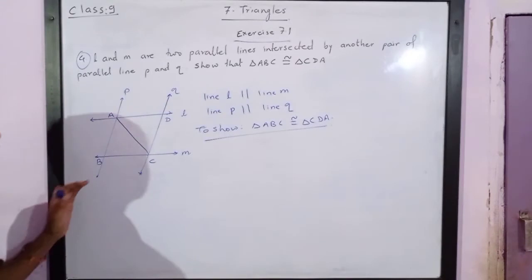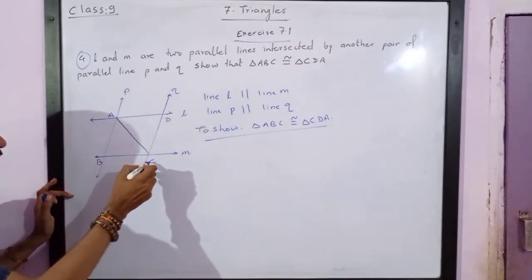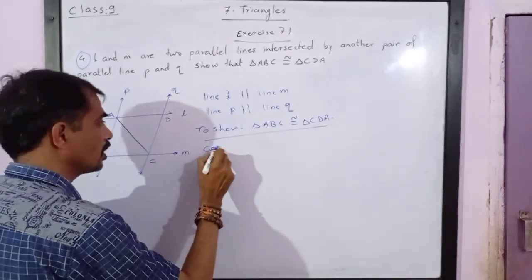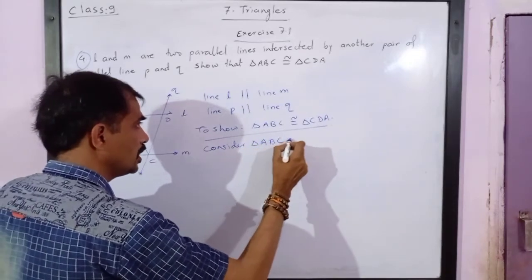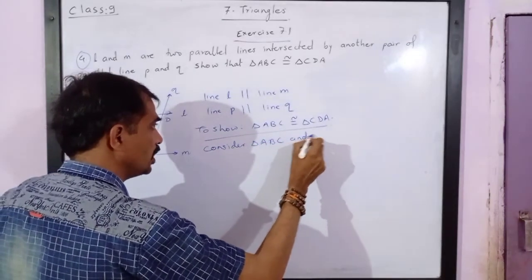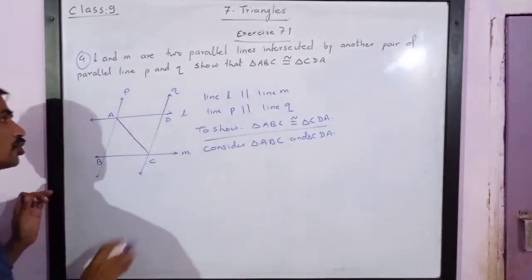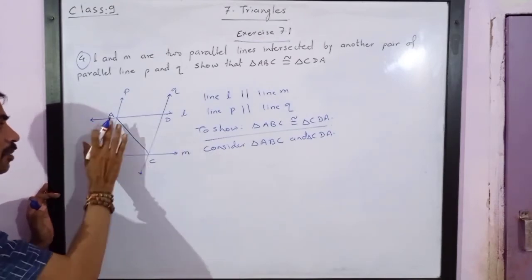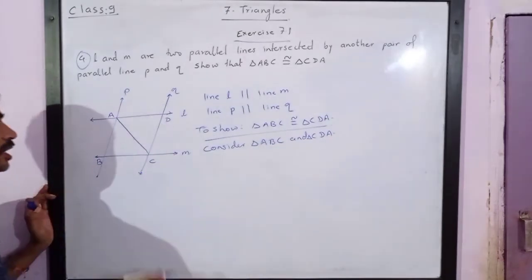So for this, in order to prove that triangle ABC is congruent to triangle CDA, we have to consider triangle ABC and triangle CDA. See, ABC we have considered first, and CDA we have considered second.